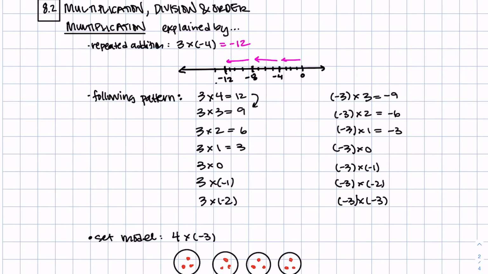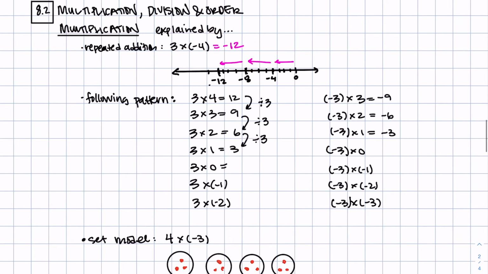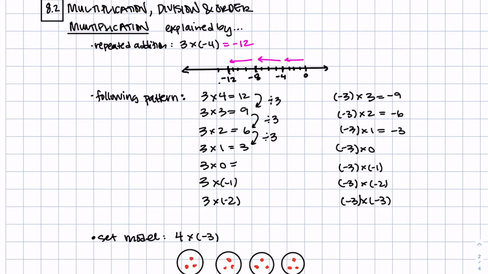And I see that each time I lower the number I'm multiplying by, I'm subtracting 3, right? That's what I'm doing here.